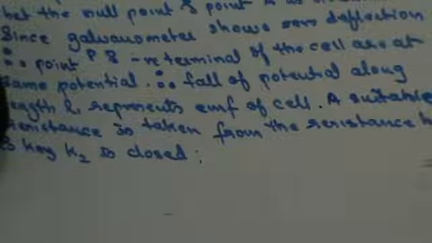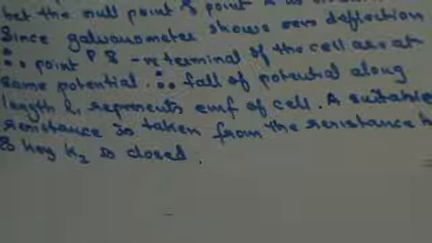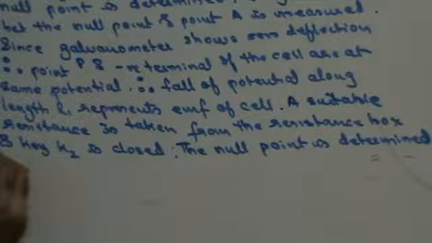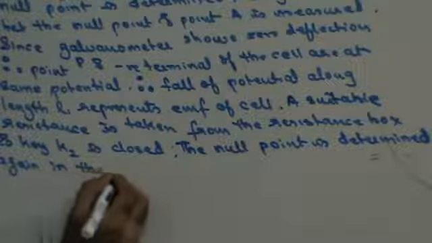Once I close key K2, the null point is again determined in the same manner.